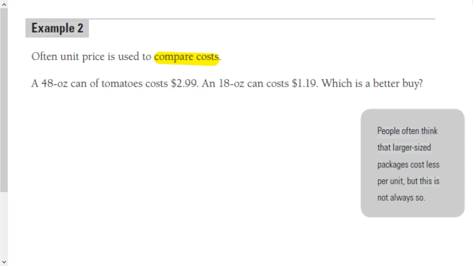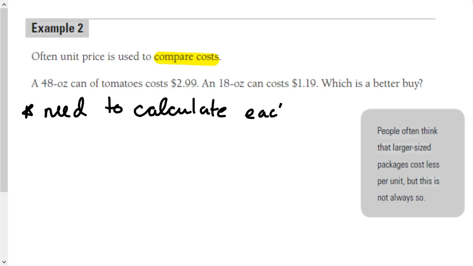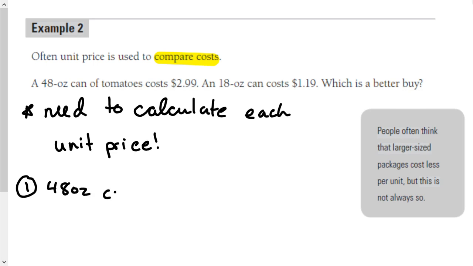So we need to calculate the cost of 1 ounce for each size of the can. So we need to calculate each unit price. I'm going to label this as 1. This is a 48-ounce can. Costs $2.99.